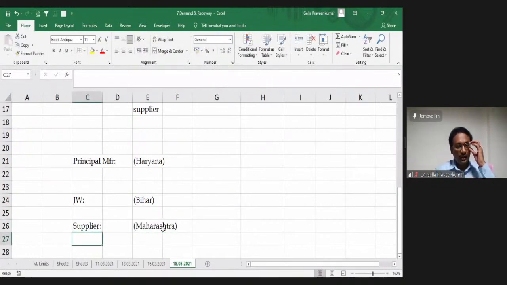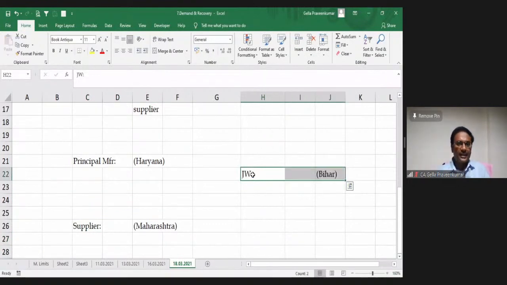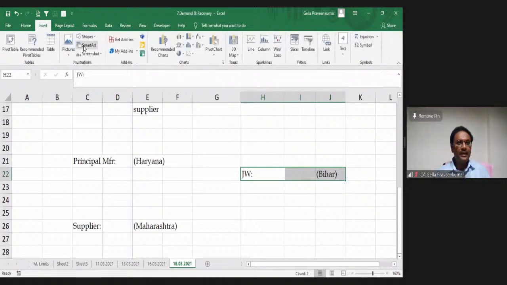Now, logistically, material going to Haryana, again from Haryana going to Bihar, right? Now, don't mistake me. I'm just taking a vague example just to make you understand. Now, if you look at this particular model, let me draw a couple of lines over here.